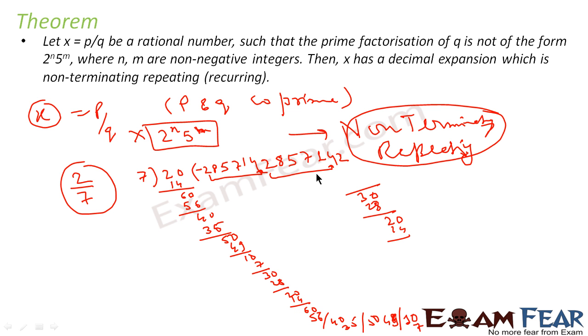You can take any number of the form p by q, where q is not of the form 2 to the power n, 5 to the power m. It will always be non-terminating repeating. For example, if you take 1 by 3 also, right? This is 1 point, this becomes 0, 3, 3 3s are 9, again 1, 3, 10, 9, again 1.